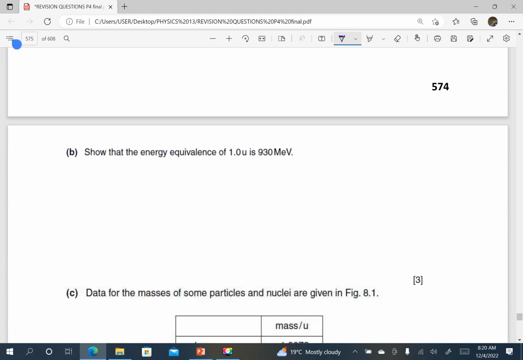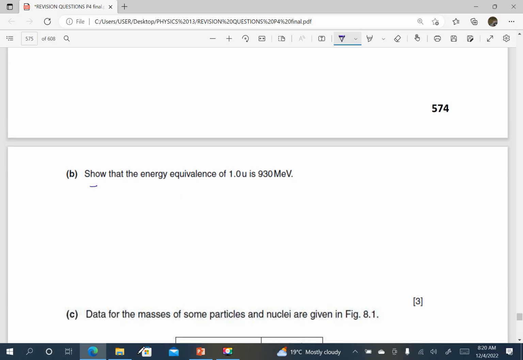Show that the energy equivalence of 1.0 u is 930 mega electron volts. This is an easy equation. Energy is equal to mass defect times c squared. And remember, 1 u is 1.66 times 10 power negative 27 kg. So the energy is going to be 1.66 times 10 power negative 27 times the speed of light, 3 times 10 power 8, squared.